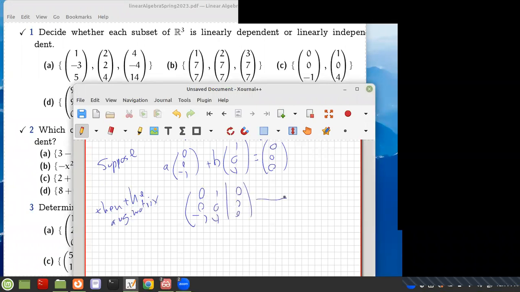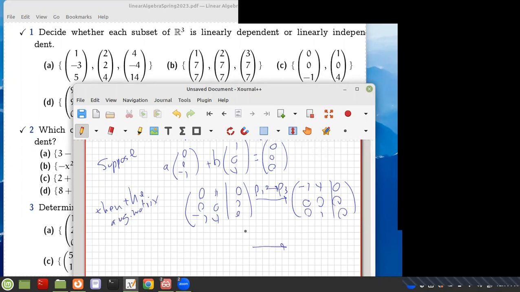And formally, you could probably see the answer right away. What we could do is swap row 1 with row 3. So we get to echelon form: minus 1, 4, 0, then 0, 1, 0, and 0, 0, 0.